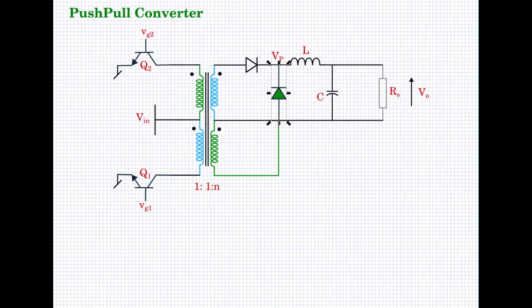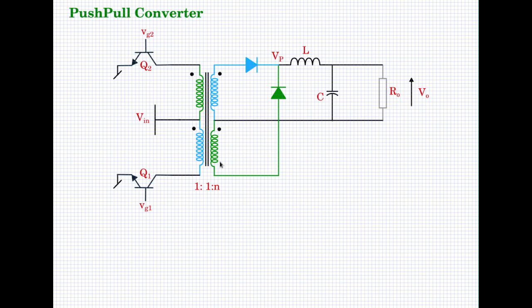Let me also change the other appropriately, like this. So now it becomes much more clear. So you see that you have two possible circuits to charge the inductor. Let me explain that to you in a moment.